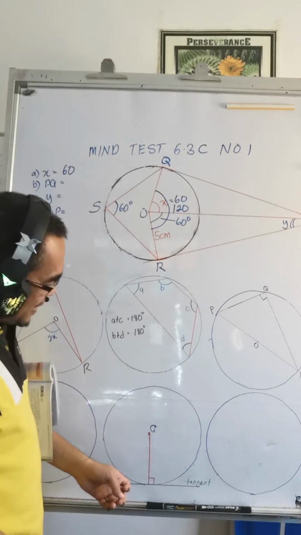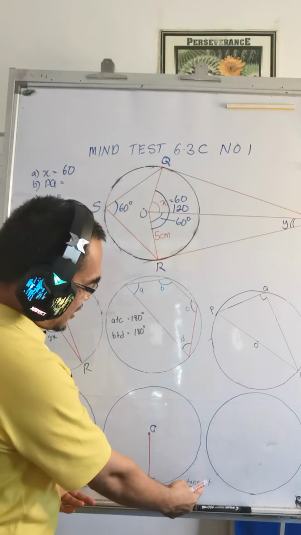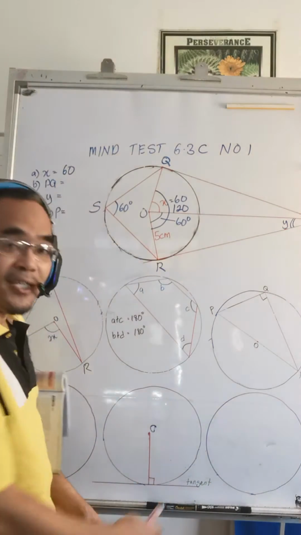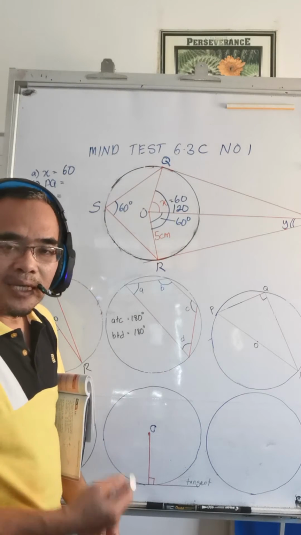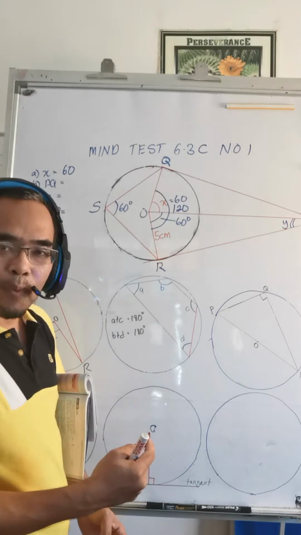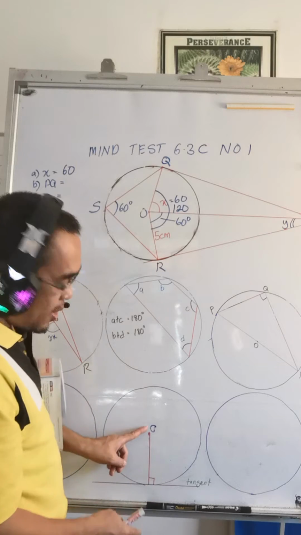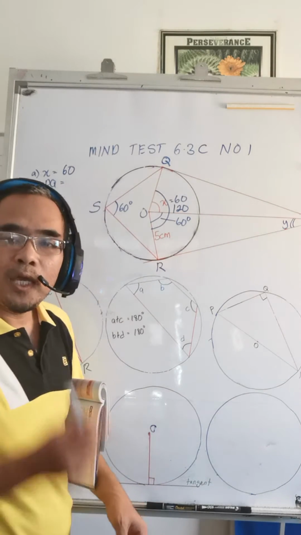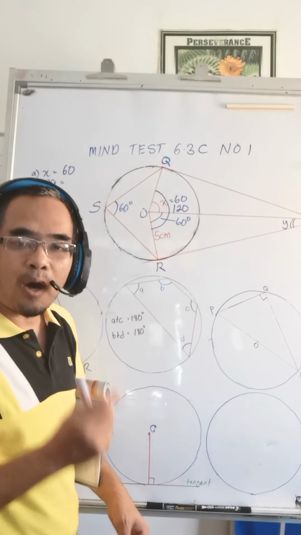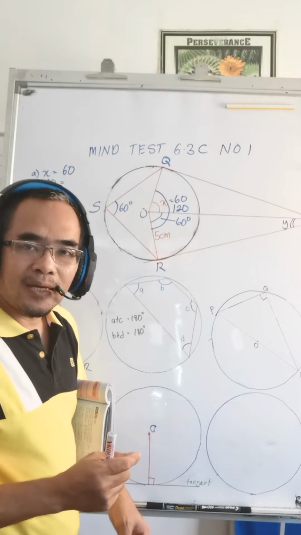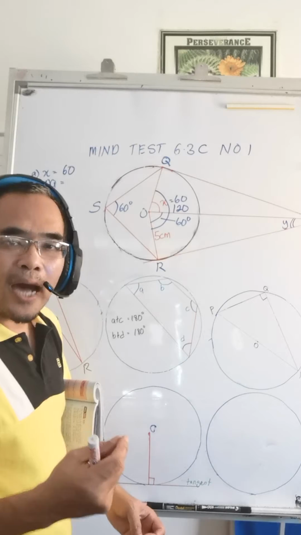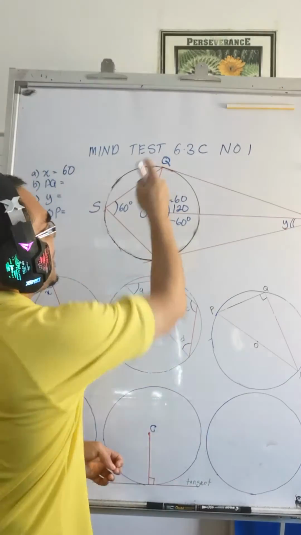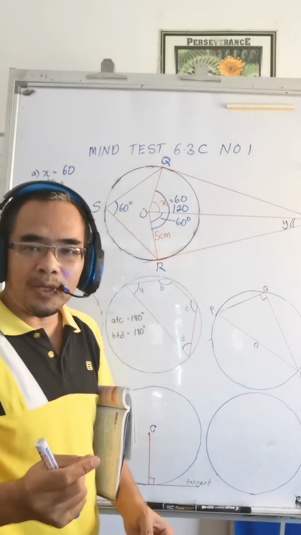You see there is a tangent. A tangent is a straight line that touches the curve at only one point. If you draw a line from the center to the tangent, it will always create an angle of 90 degrees. Again, I cannot give any reason for it.